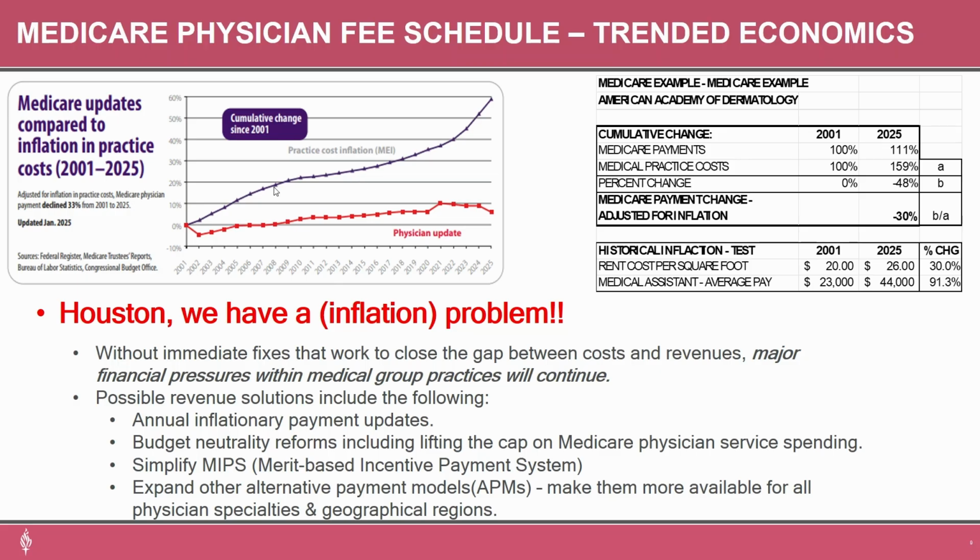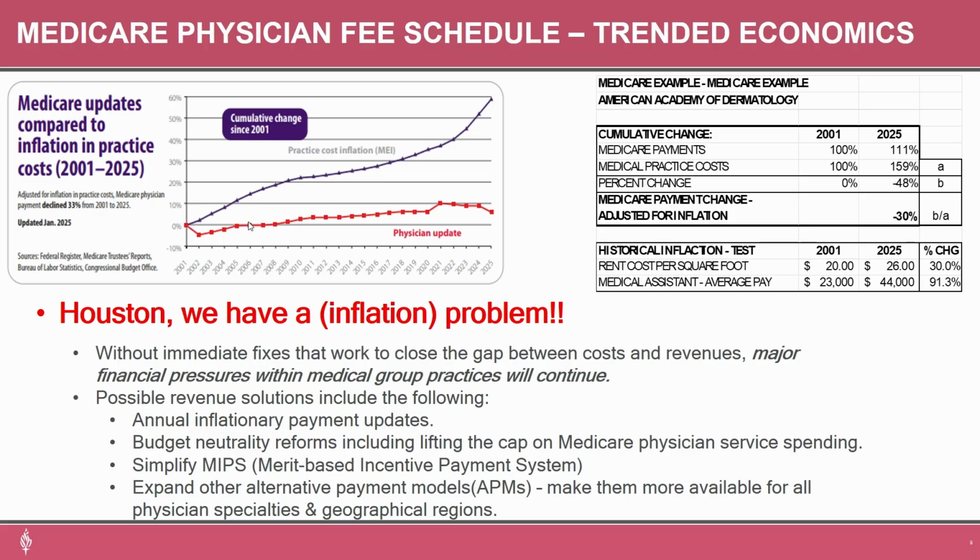The blue line shows the cumulative change in the practice cost over this 24-year period. And you can see that there are substantial increases year over year, to the point that the cumulative change in practice costs from 2001 to 2025 is just under 60%. Now let's look at the red line. The red line represents the cumulative change in the physician payments.